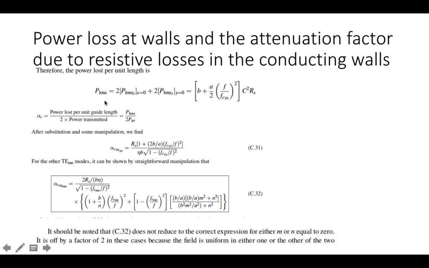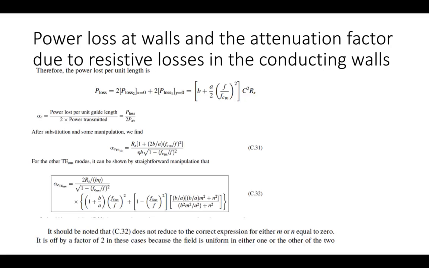So alpha, which is the attenuation constant due to losses in the conducting wall, is defined as the power loss over 2 times the power transmitted. So after some substitution from the previous average power that we solved for and the power loss that we just solved for, we come up with this expression for alpha, the attenuation constant due to losses in the walls.